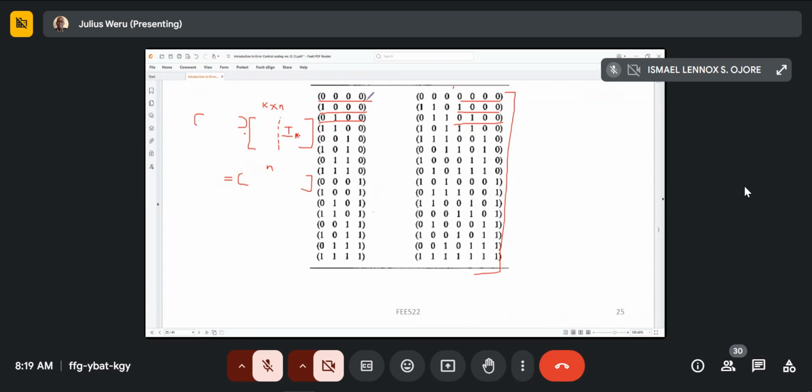The moment you create this, it is easy to detect your errors at the other end. Again, I'll repeat, whenever you send this, necessarily this is what you send. But what you receive may not be that. It may be different.